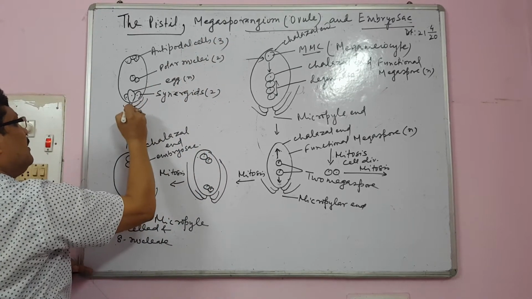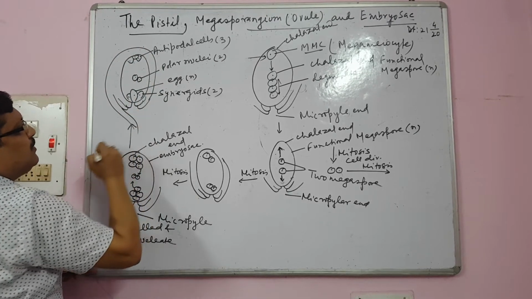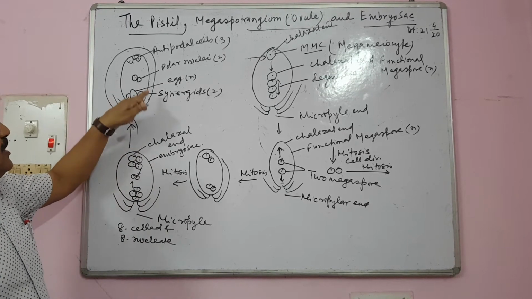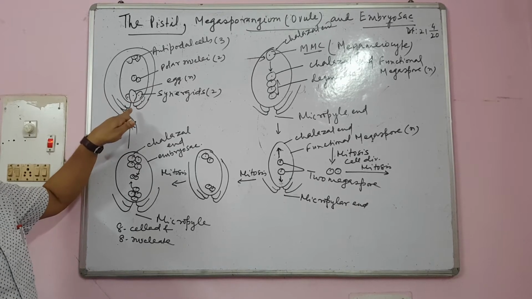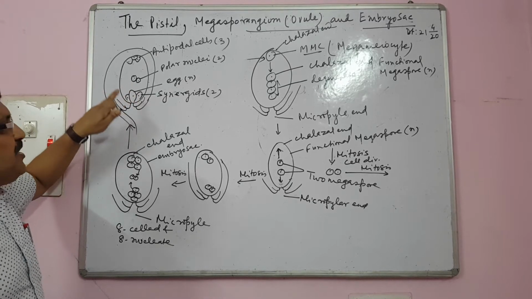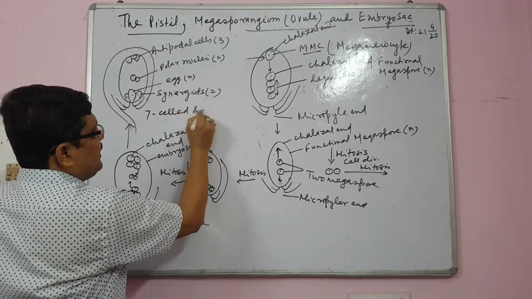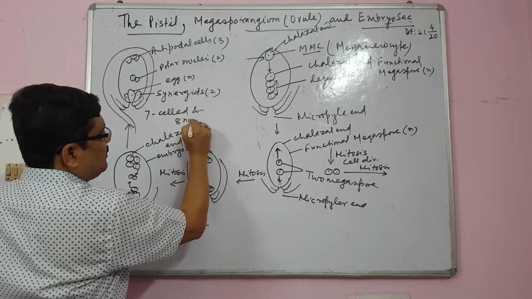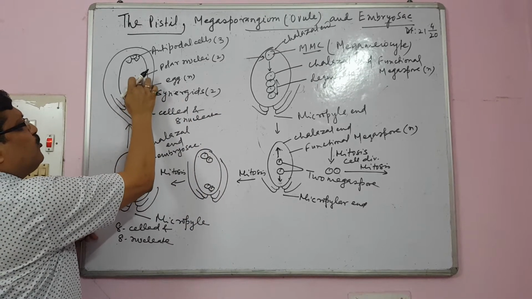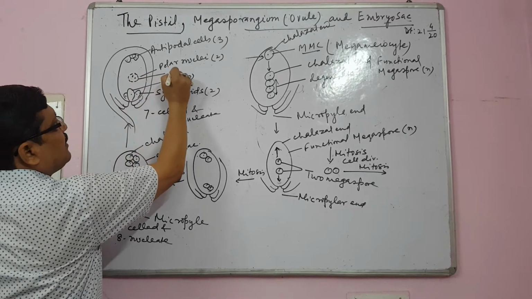So here, finally, an ovule is formed. This is the bitegmic ovule, and this embryo sac is the monosporic embryo sac, which is 7-celled and 8-nucleate, because both polar nuclei fuse and form the central cell.